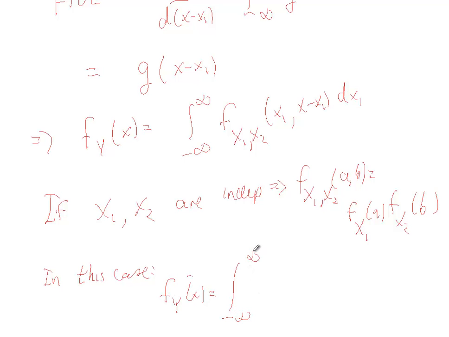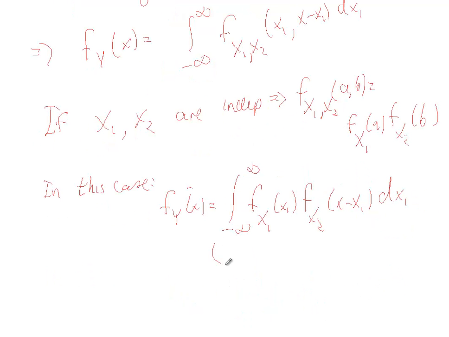I can break up this integrand into f_X1 of x1 times f_X2 of x minus x1. And this is what's known as the convolution, and you write it as f_X1 star f_X2.